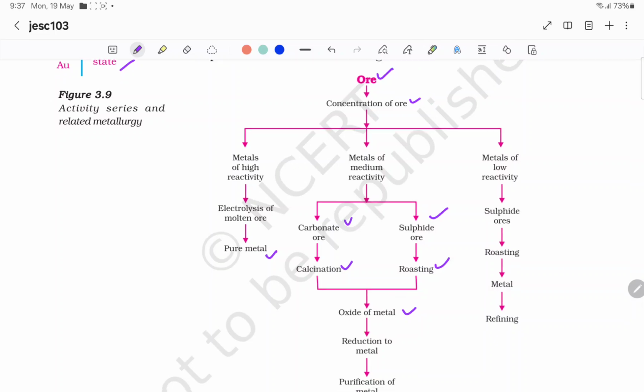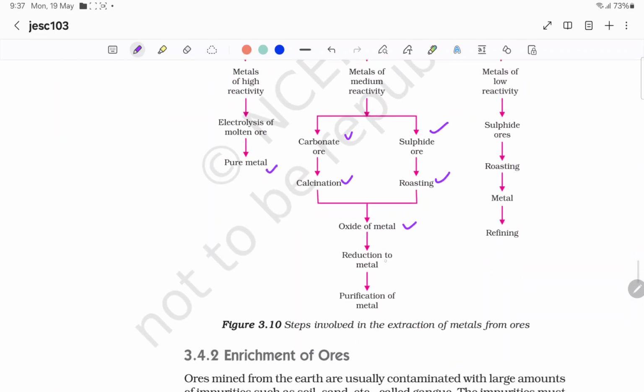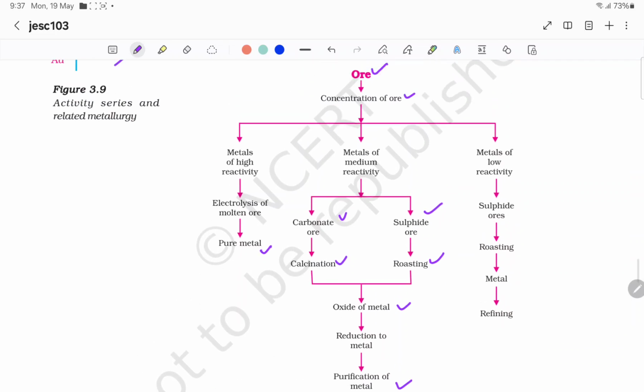Then on reduction to metal with the help of carbon, there is further purification of the metal. Metals of low reactivity are found in sulfide ores, and on roasting we get the metal simply by the procedure, that is oxide, then reduction of the metal, we get the metal, and then refining, that is the purification of the metal.